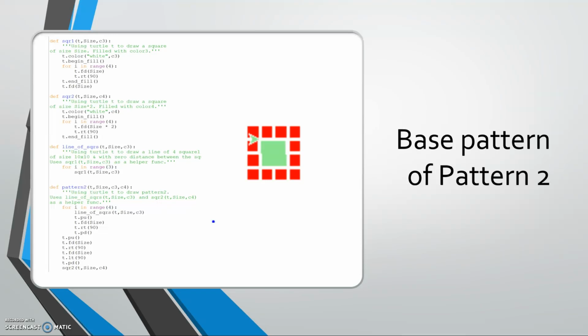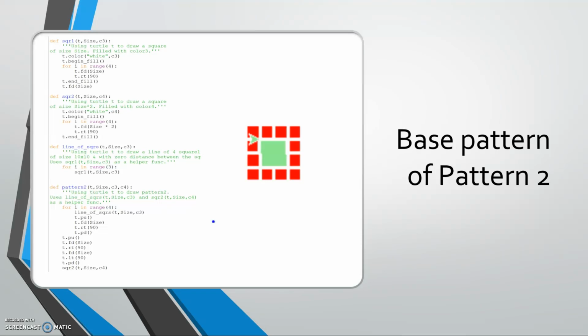And for square 2, it will draw the big green square right here. In the same way as I draw the red square, it did the same thing but just differed with color, which is changed from red to light green.